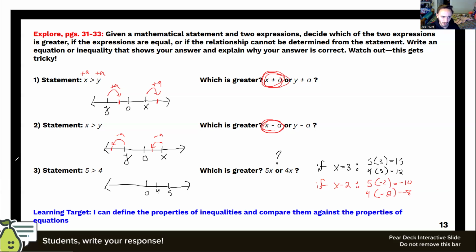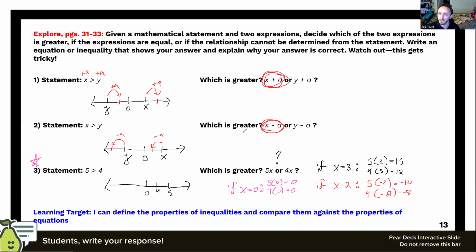There's also a third possibility here. What if you said x was equal to 0? Well, 5 times 0 would be 0, and 4 times 0 would be 0. So you'd compare 0 to 0, and you wouldn't say that one's greater than the other; they're actually equal. So problem 3 is the first place where we run into an interesting problem.